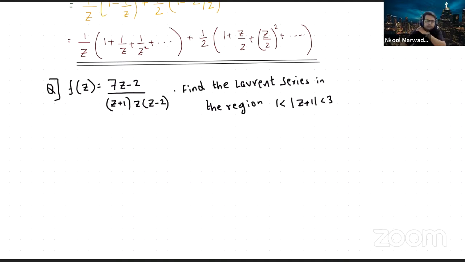Now, whenever z plus 1 is given, first we have to simplify this a bit. So let us do that. Let z plus 1 is equal to w, we call it omega.